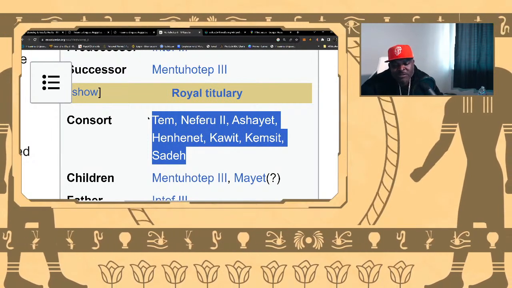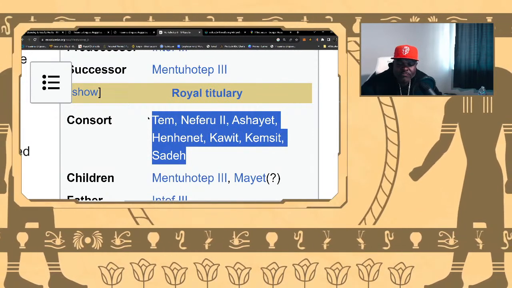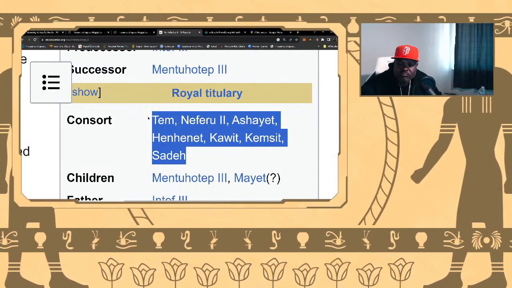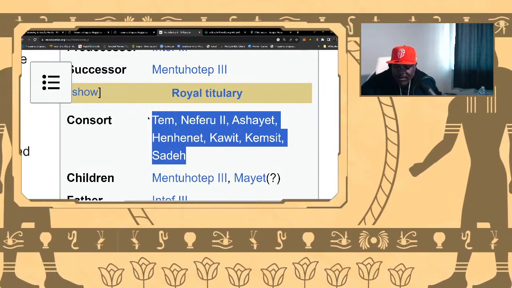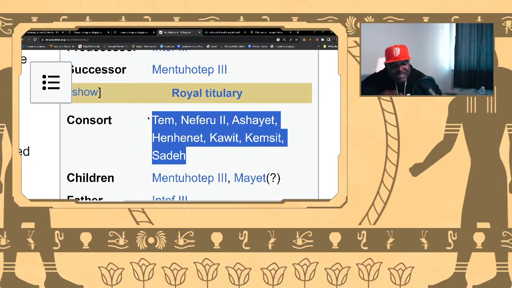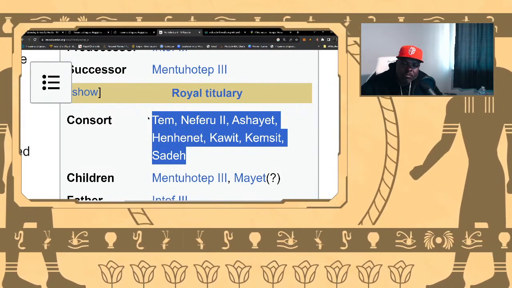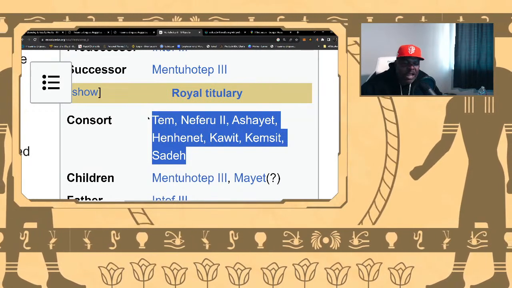One of the real reasons why Mentuhotep won is because he had line with these sisters right here. Would you like to hear that presented in a more scholastic format? You could go look at Solange Ashby's work on the priestesses of Hathor. How you want it?